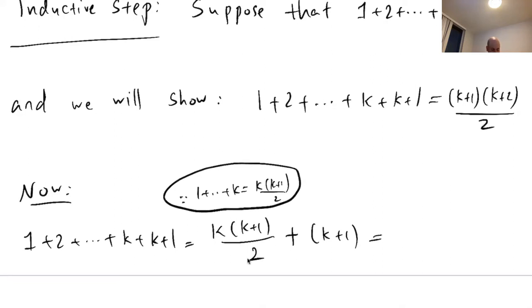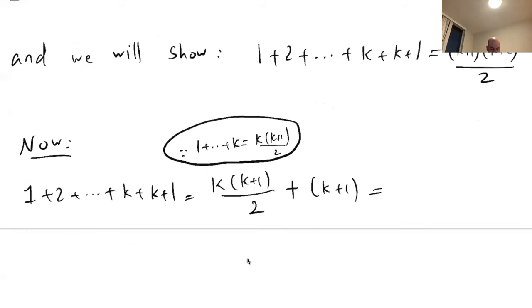Now, when I want to simplify this, I can take k plus 1 as a common factor. Look here, I have an addition of 2 terms, and k plus 1 is a common factor.